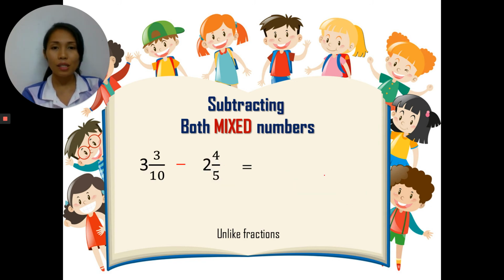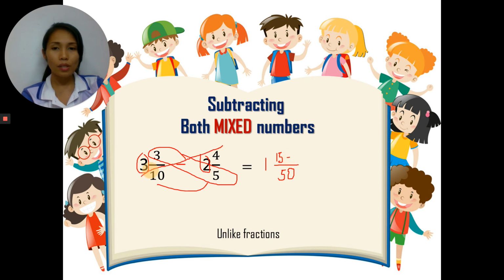All right, subtracting both numbers again. Let's try this one. 3 minus 2 is 1. Now let's proceed with the denominator. 10 times 5 is 50. 3 times 5 for numerators. 3 times 5 is 15.